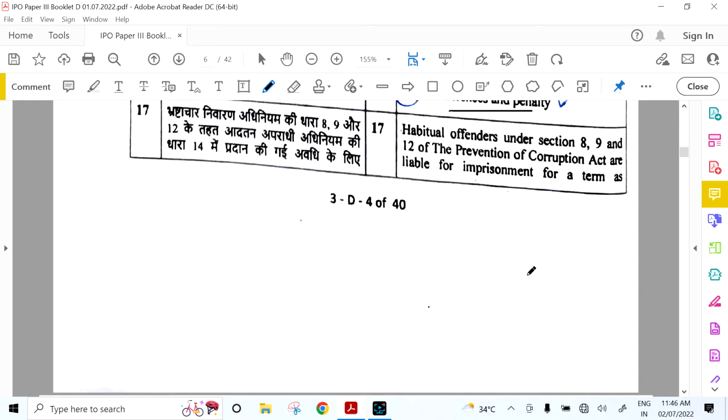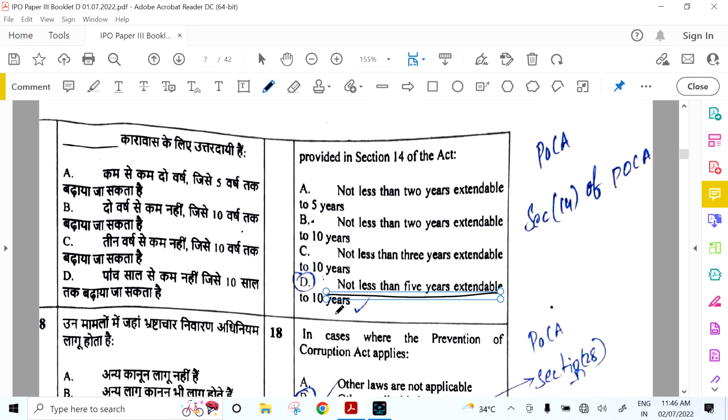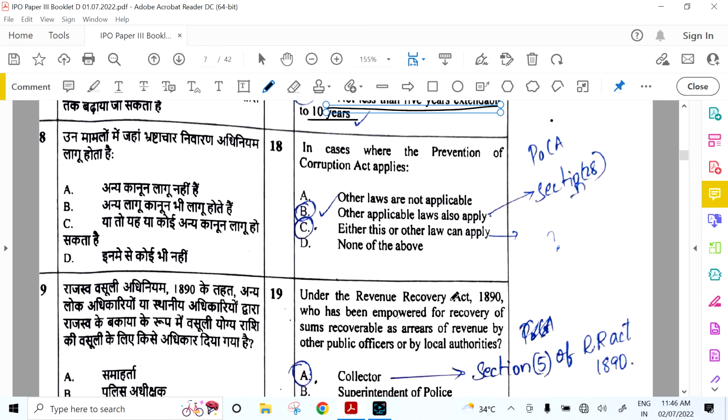Habitual offenders under Sections 8, 9 and 12 of the Prevention of Corruption Act are liable for imprisonment for a term as provided in Section 14 of the Act. It is not less than 5 years extendable to 10 years under Section 14. 18th question: in cases where the Prevention of Corruption Act applies, other applicable laws also apply as per Section 28.